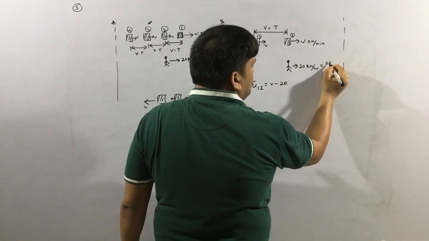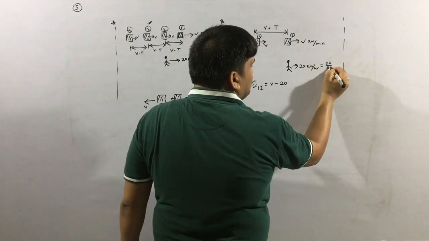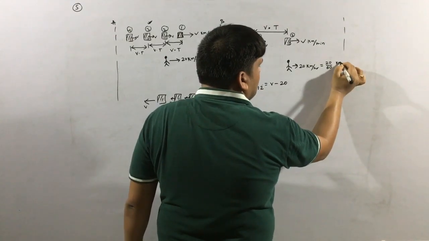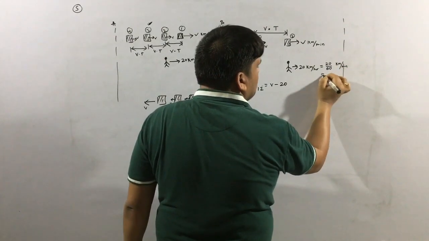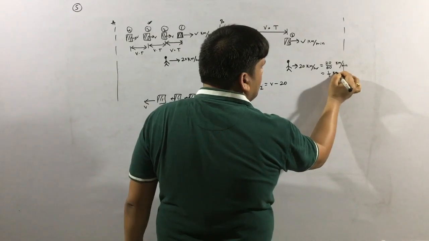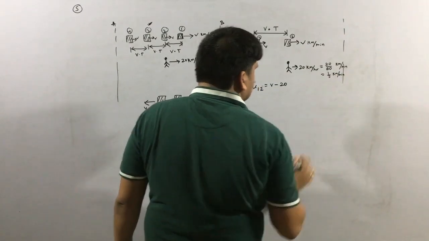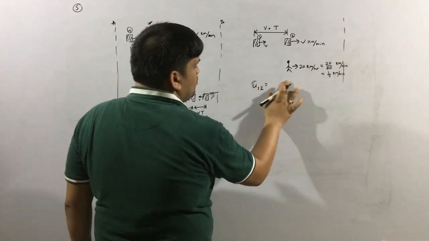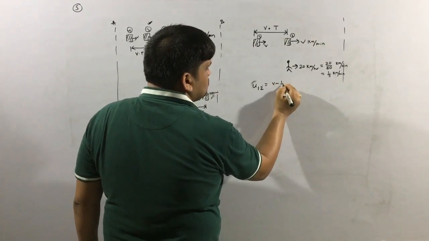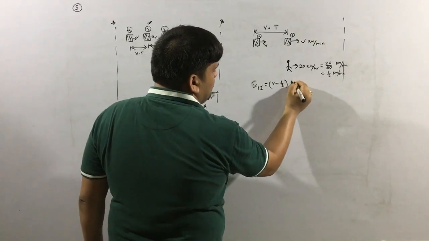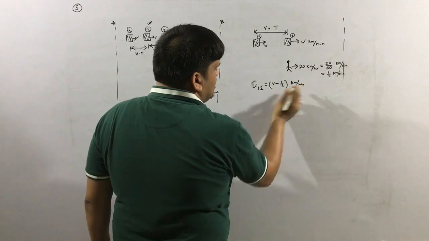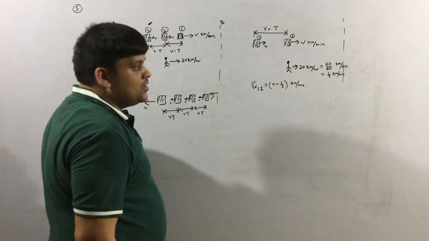So it will be 20 by 60 kilometer per minute, equal to 1 by 3 kilometer per minute. So u12 is V minus 1 by 3 kilometer per minute.